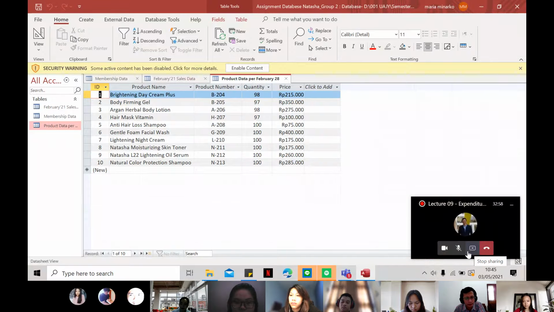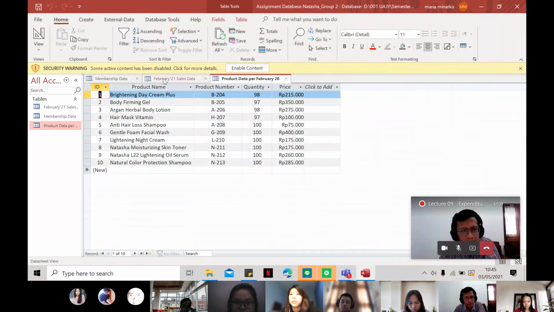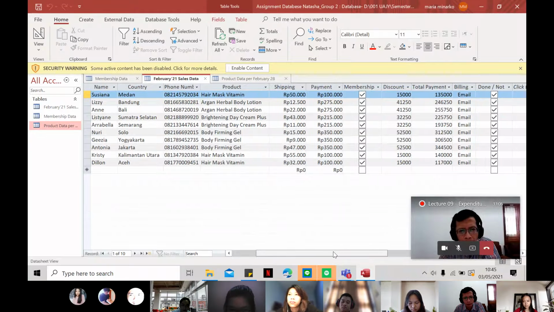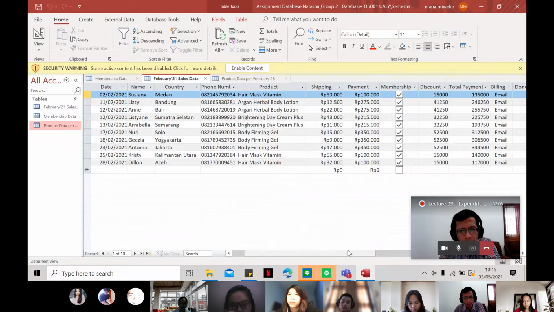Okay. Can I see the sales data again, please? So what is the membership column you have with a check mark? Because if they have the membership, we give a discount of 15%.